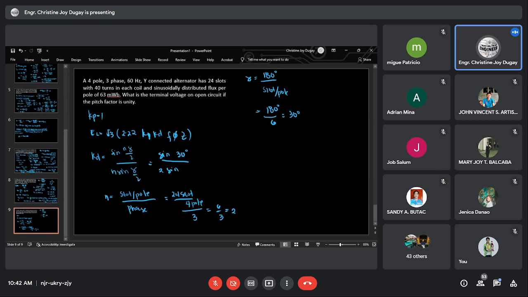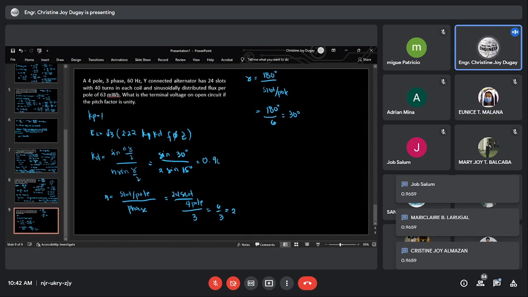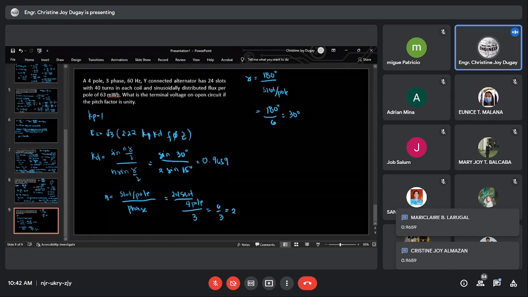Sine of 30 over 2, that is 15 degrees. So ilan po ang KD po natin? Nakakasunod po ba kayo sa shortcut? 0.9659, no? So that is now the value of KD.